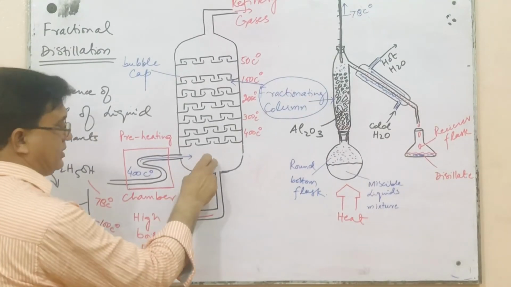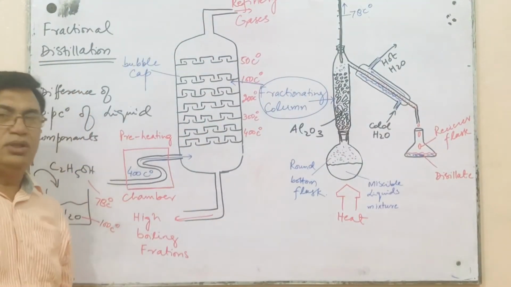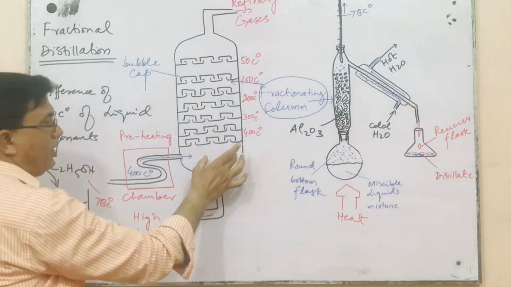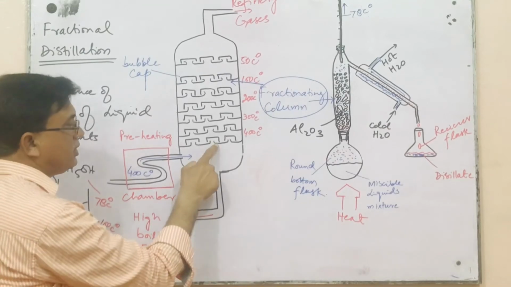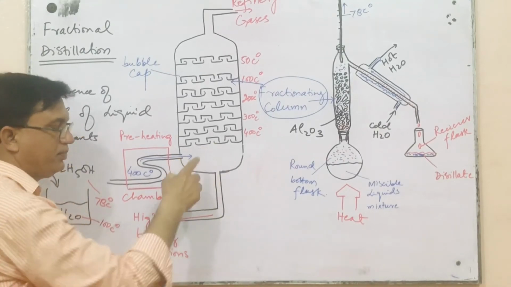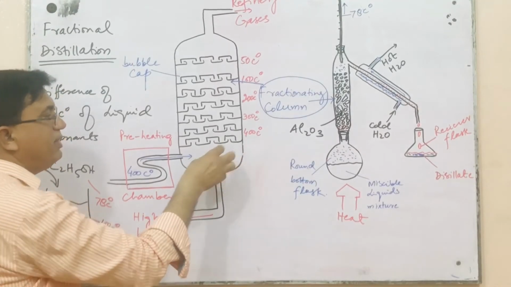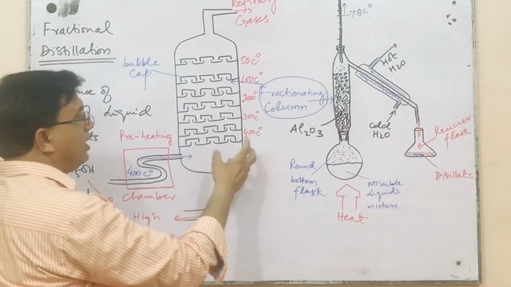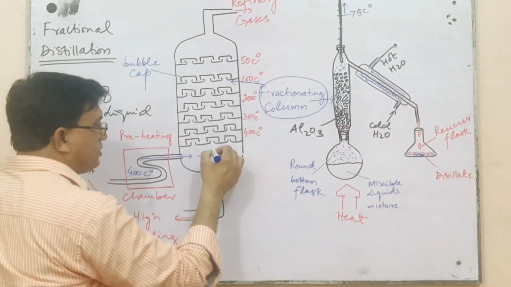This column indicates that it is a large diameter vessel in which there are metallic plates, and these metallic plates contain many different bubble caps, and those bubble caps are designed in such a manner that the component comes here.